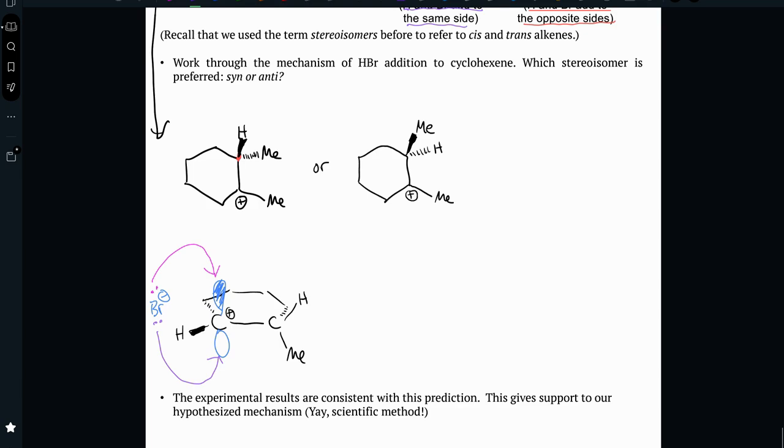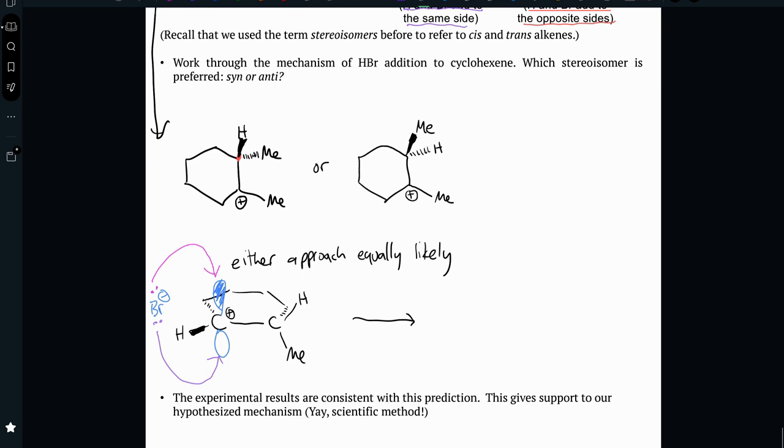And either approach is equally likely. There's nothing really blocking it from either side. And since there's nothing blocking it from either side, I would expect to get similar amounts of my two products.